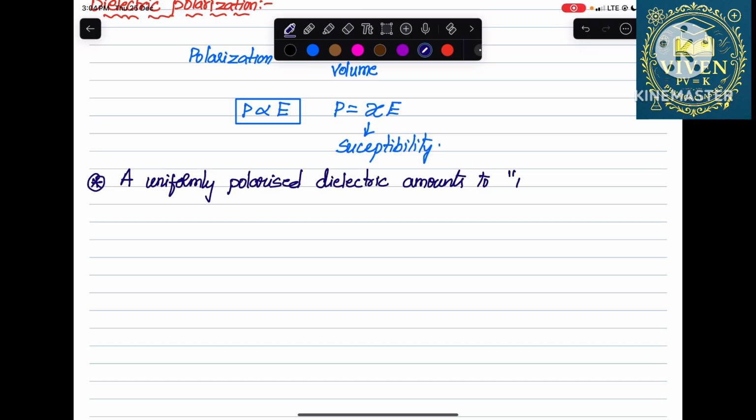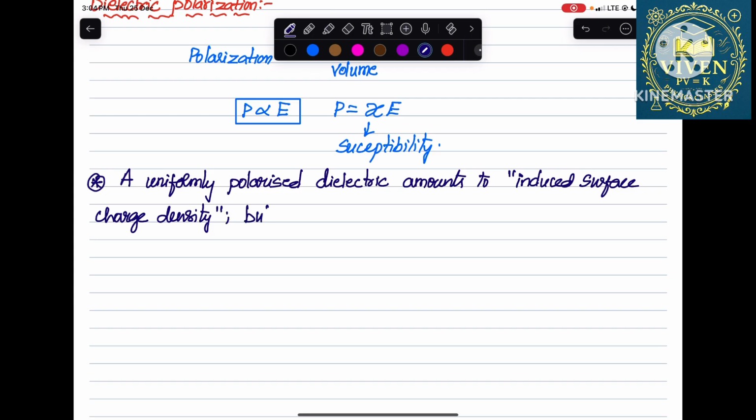What information will it give you? Induced surface charge density. Mostly we will think that it will give you the entire volume charge density.